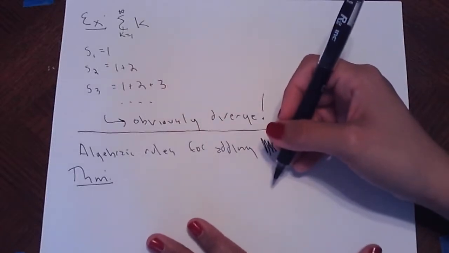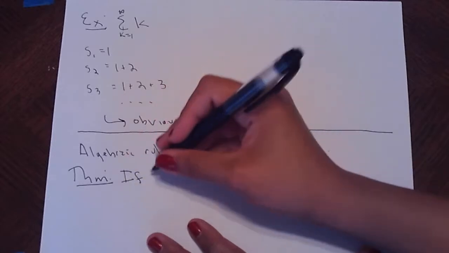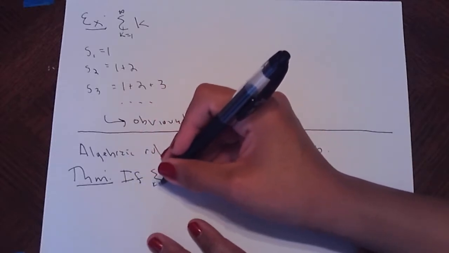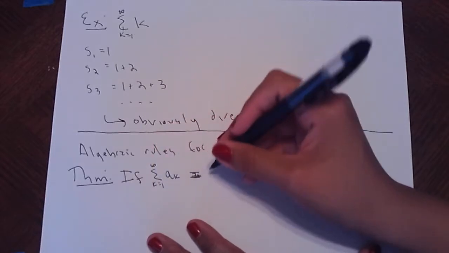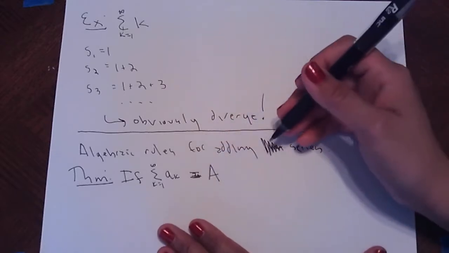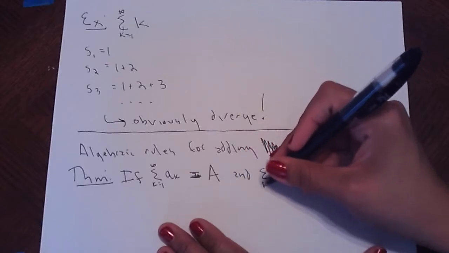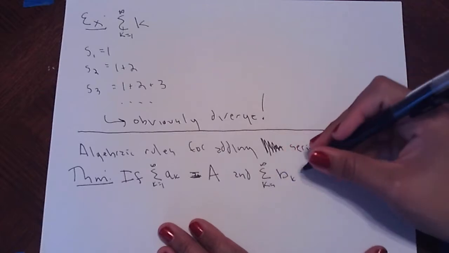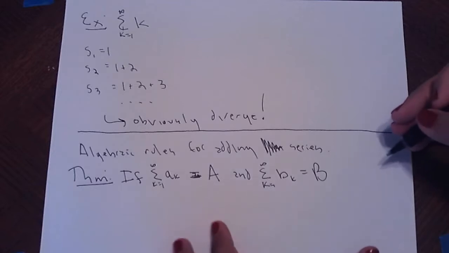The first one is on addition. If I've got two series, say I've got a sub k that I'm adding, and let's say that comes out to some number, I'll call this capital A, once I've added everything. And if I've got another series, let's say I call this B sub k, so this adds up to some sort of finite number.